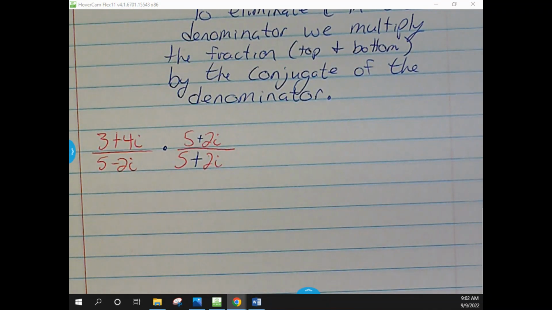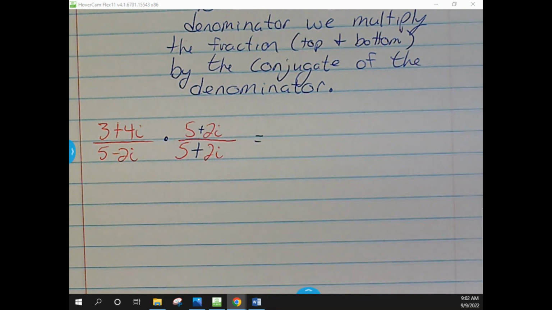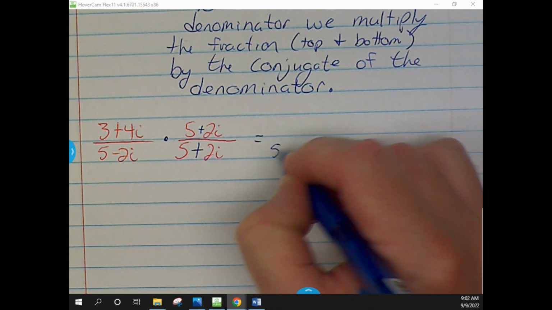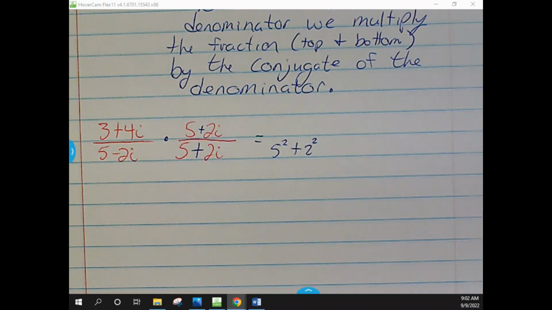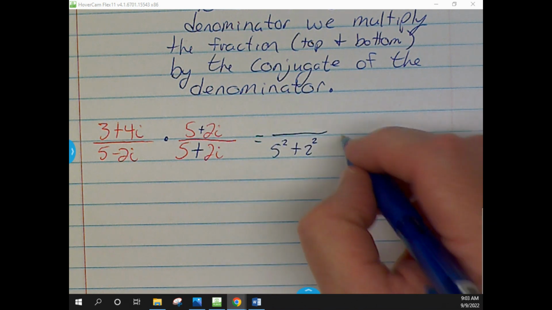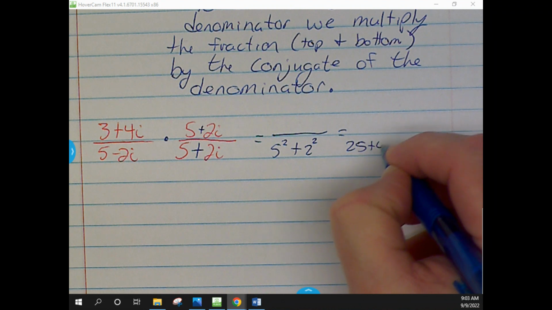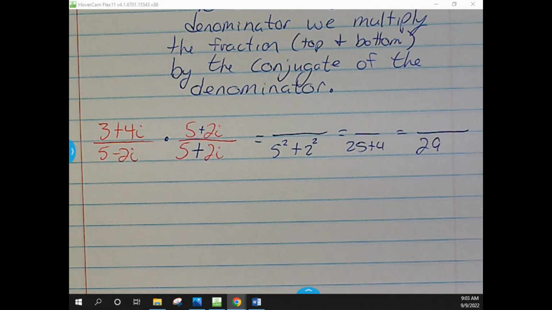All right, here's where if you know your shortcuts, this is great for the bottom part, because the shortcut on the bottom is the first number squared plus the second number squared. Five squared is 25. 2 squared is 4. So that's going to be 29.